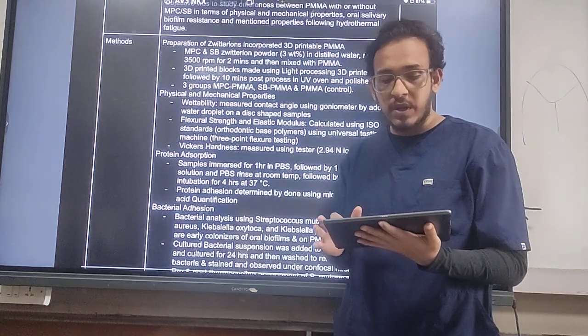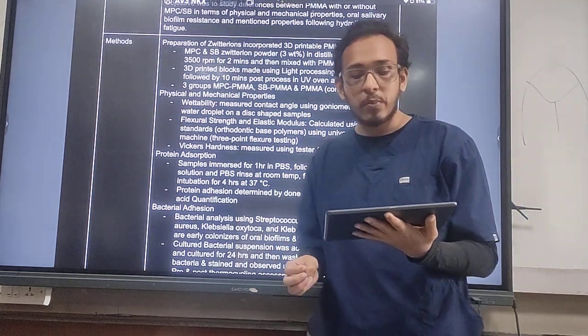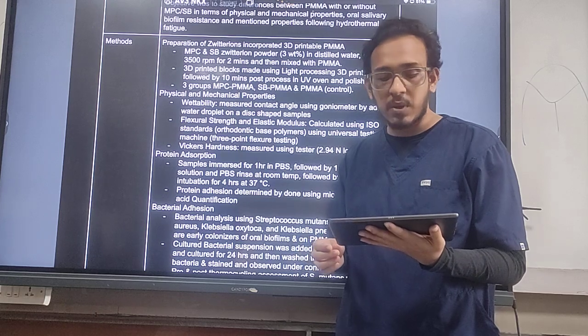So the methods: preparation of Zwitterions incorporated in 3D printed PMMA.